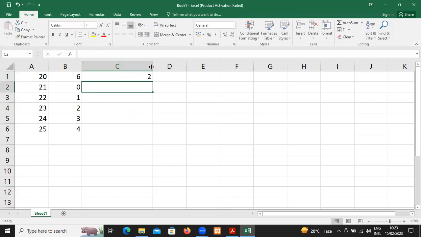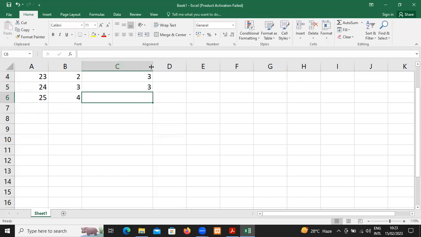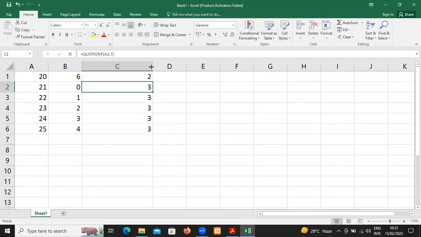Then I apply the same formula here. 3 is the quotient. 0 is the remainder. For all these numbers, 3 would be the only quotient because 21 is the nearest number divisible by 7 here. For even 22, 24, up to which number? 28. When 28 comes, you get 4 as the quotient.